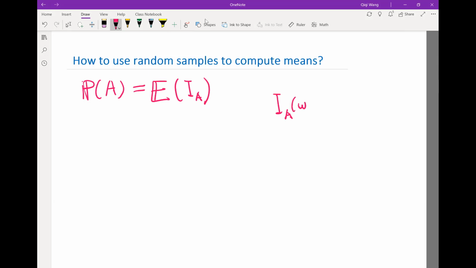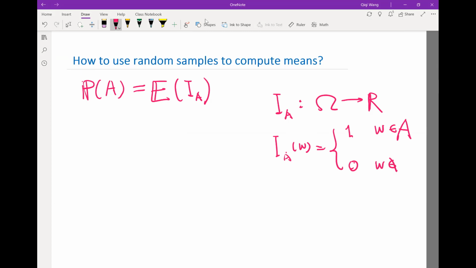So I_A is a map from the probability space to real numbers. And in this particular case, I_A of omega is equal to either 0 or 1, depending on whether omega is within the event A, being a subset of omega, or omega is not in the event A.